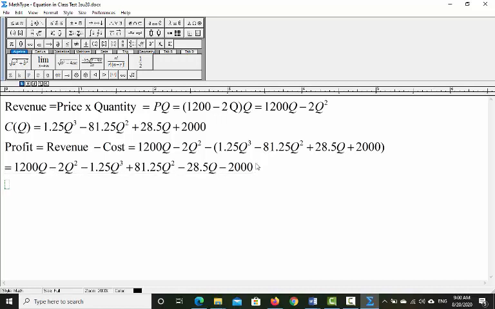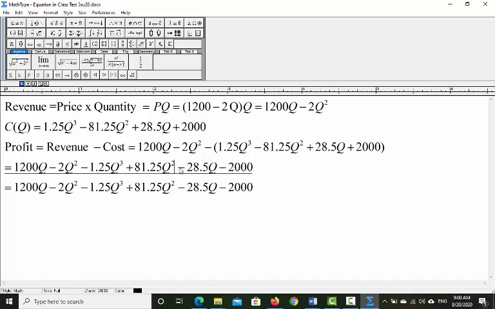Okay, so now we will simplify, right? As you can see, first we have 1200Q. We will deal with this 28.5Q.